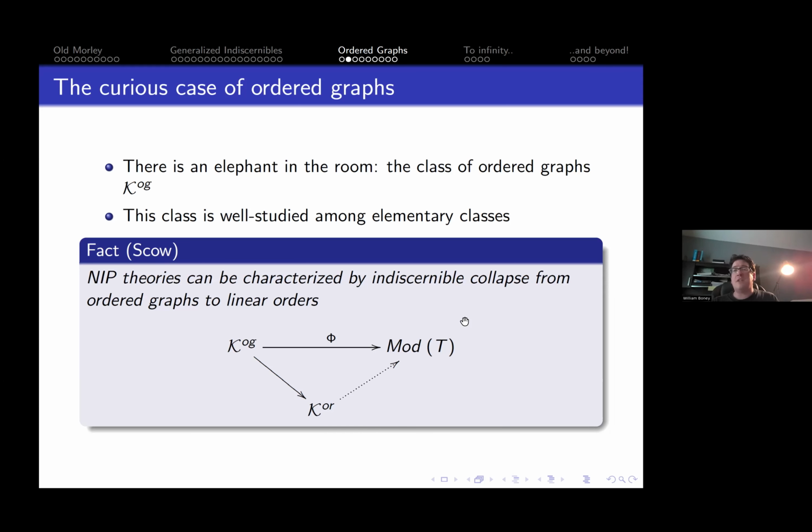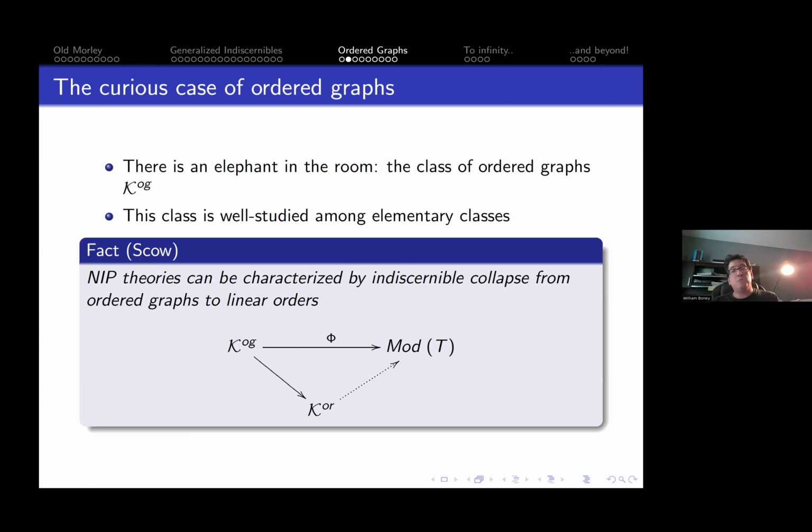This is called indiscernible collapse. You build these ordered graph indiscernibles, but the graph part of the index structure doesn't matter. It just collapses down to an order indiscernible. The most famous of these coming before this, of course, is Shelah's proof that stable theories exactly correspond to theories where ordered indiscernibles collapse into set indiscernibles.